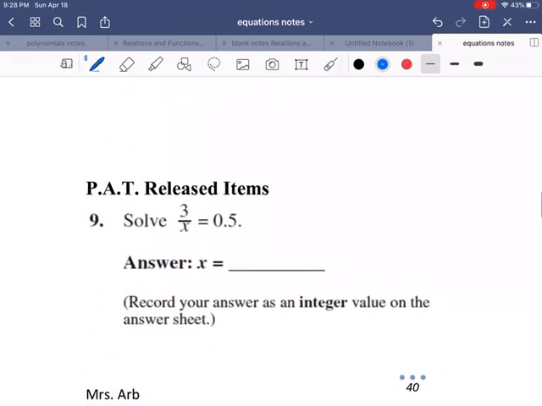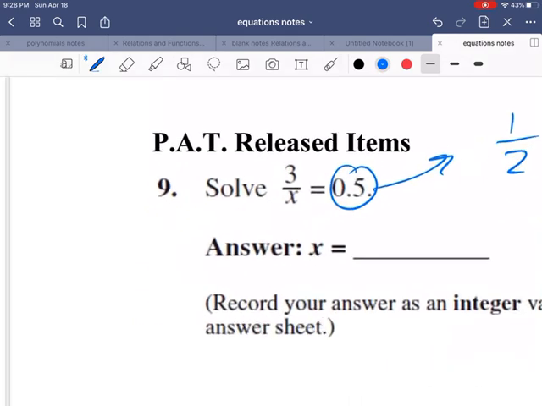So a PAT question, we have 3 over x equals 0.5. Now you can think about this. 0.5 is the same as 1/2. So really we have 3 over x is equal to 1/2. Well, if 3 is half of whatever the thing is, the denominator must be 6, because 3 over 6 is the same as 1/2.